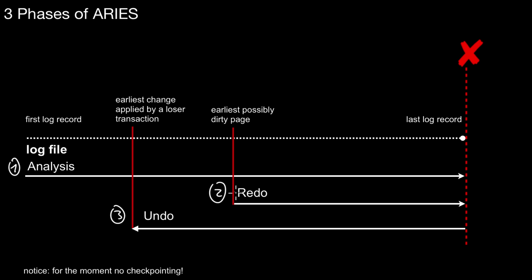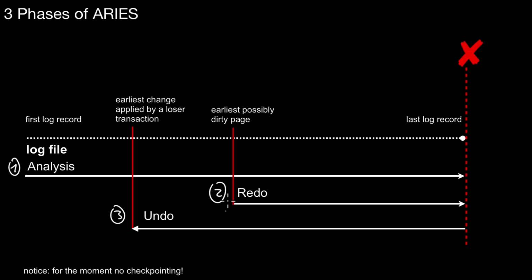So in the redo phase, we make sure that the changes we applied before the crash really find their way into the store. Again, not necessarily on disk, but every page we see in the database buffer in main memory has the state that existed before. That is done in the redo phase.